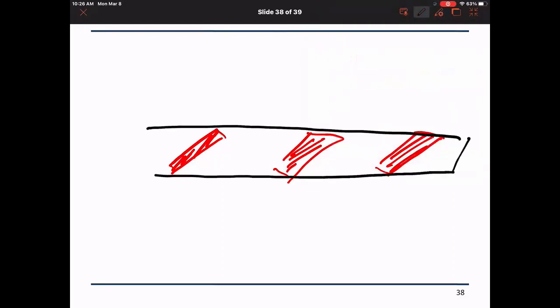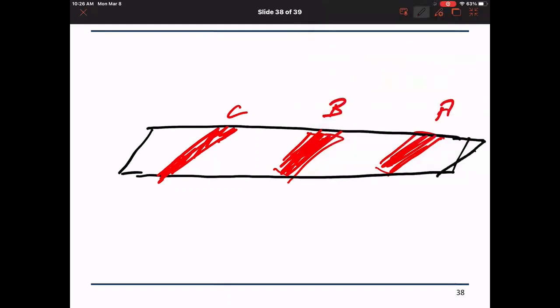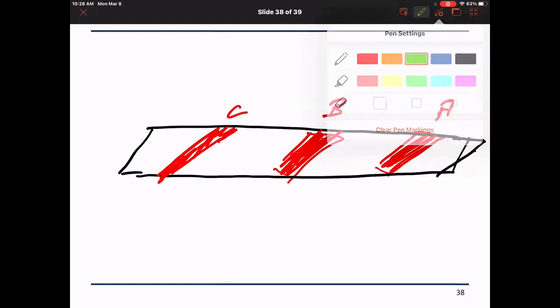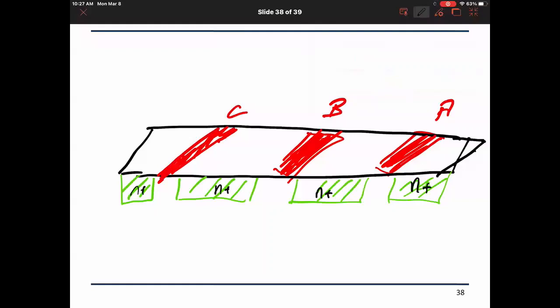Sorry, the drawing is not very good. So here the poly for C, let's assume, here the poly for B, and this is the poly for A, right? And then the transistors are drawn such that I have a common diffusion. I have diffusion here, not to scale, it appears large, I have diffusion here, and diffusion here, and they are all n plus. Okay, so this is n plus, this is n plus, this is n plus, and this is n plus. Okay, and each of these materials here represents a transistor.